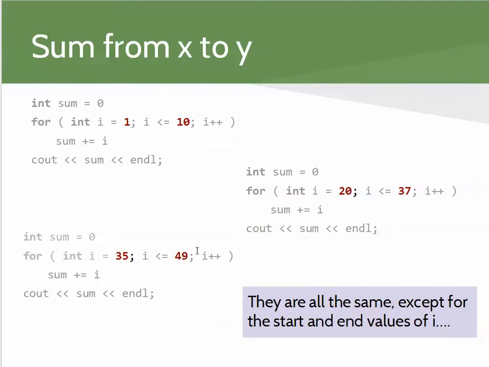So the purpose of a function is to be able to write the code that's sort of grayed out right now with placeholders, what are going to be called parameters that can be configured when we call them. So when we call this eventually what will be a function, we're going to pass in as parameters 1 and 10, or 35 and 49, or 20 and 37, and we can reuse the same exact code to produce the answer, or to produce that printout in this case.